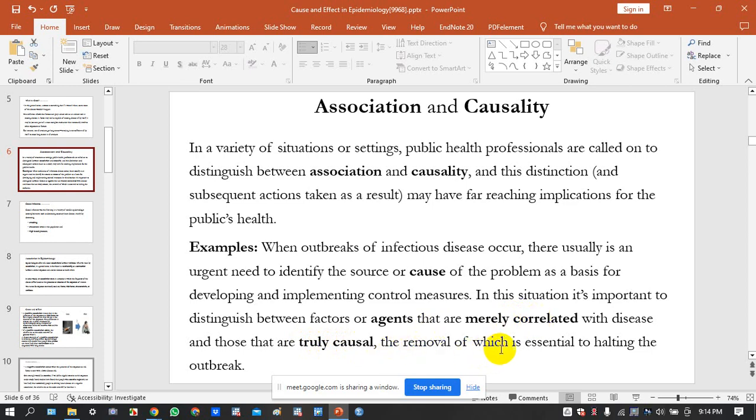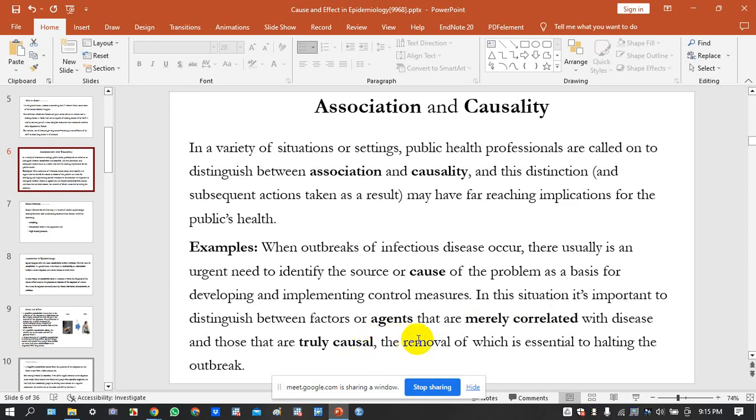So the removal of the cause or the causative agent, if we have antiviral drugs that can target the HIV virus, which is using the human genome, destroying the human white blood cells' defensive mechanism in order to make the person immunocompromised for opportunistic infections to set in.